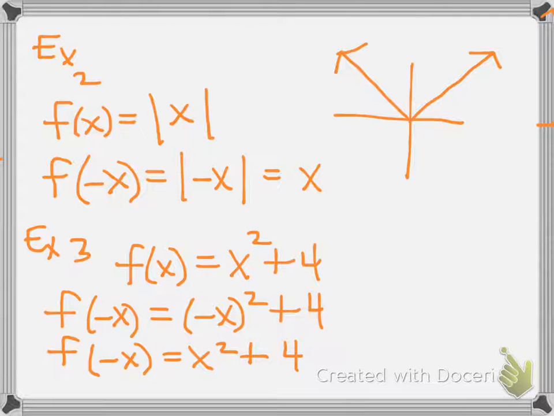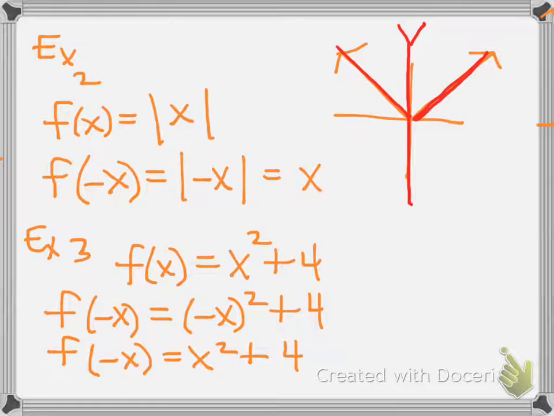Here's another example, the absolute value. If you plug in a negative x for absolute value, you get out a positive x, or what you started with. Absolute values are v's. That's a shape, and they are symmetric to the y-axis.